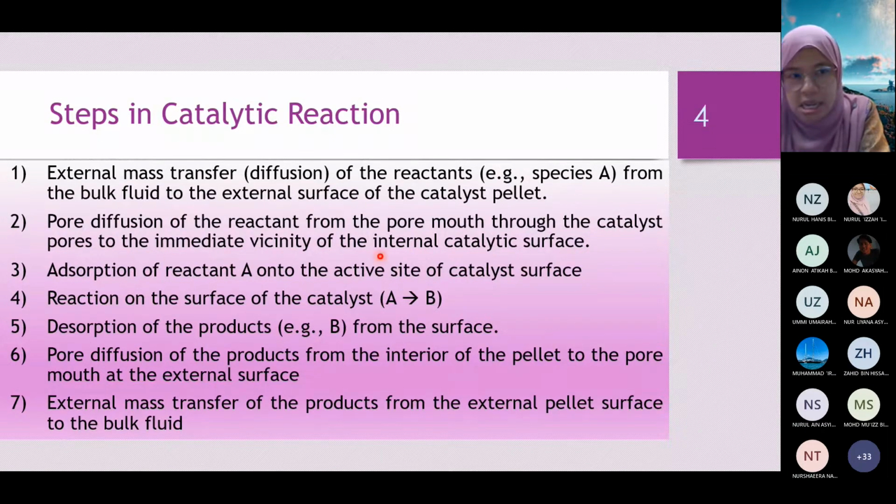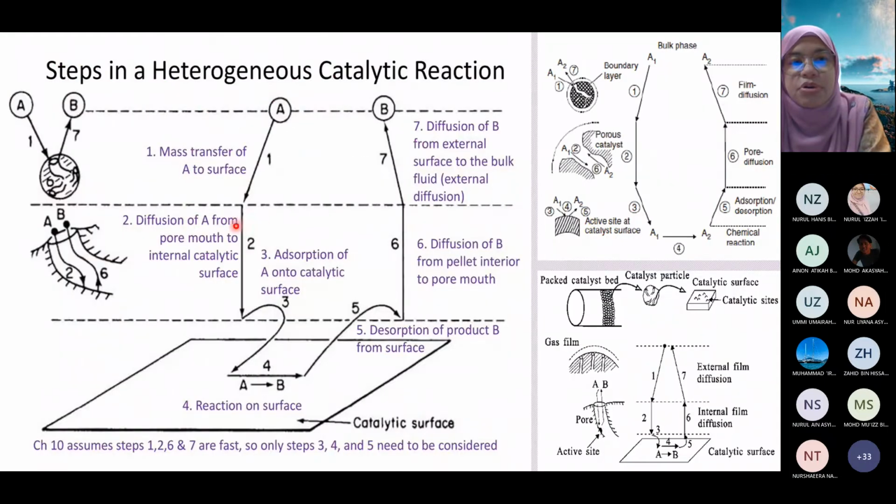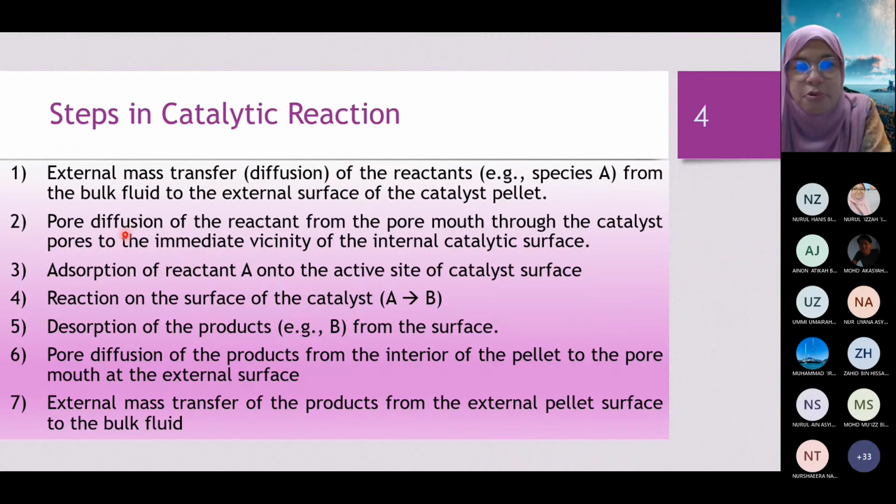Kalau susah nak ingat, guna je ayat yang ni: pore diffusion of reactant A from pore mouth to the internal catalytic surface. So you can choose. Either you want to explain by using this sentence ataupun this sentence. Mana yang senang you nak explain.